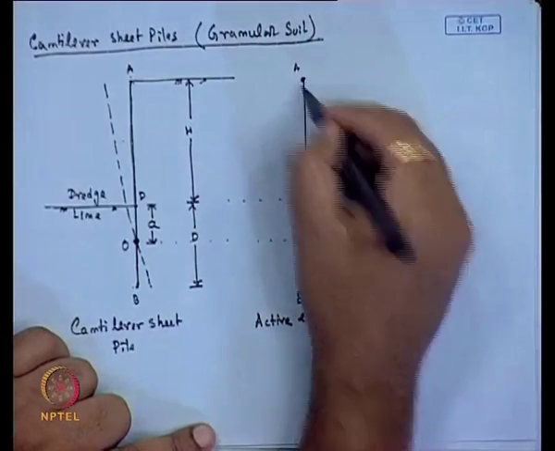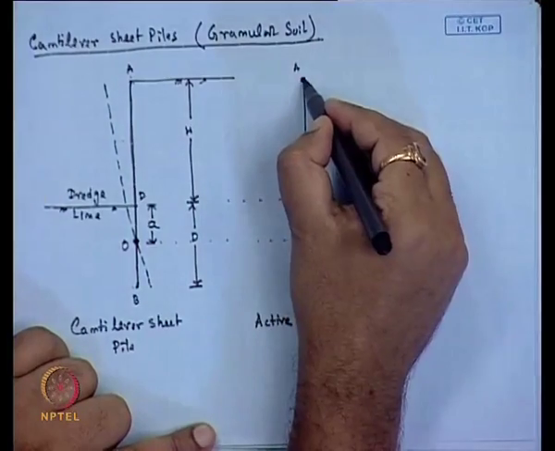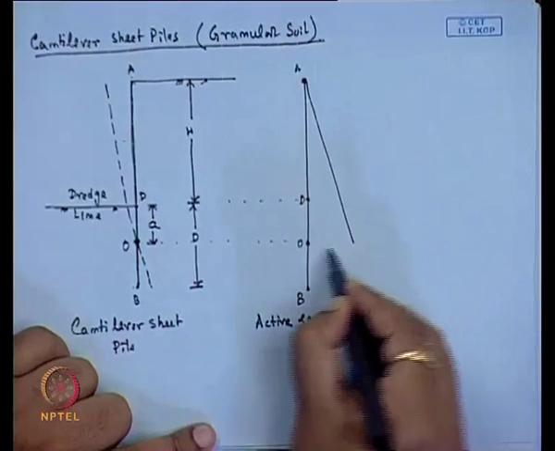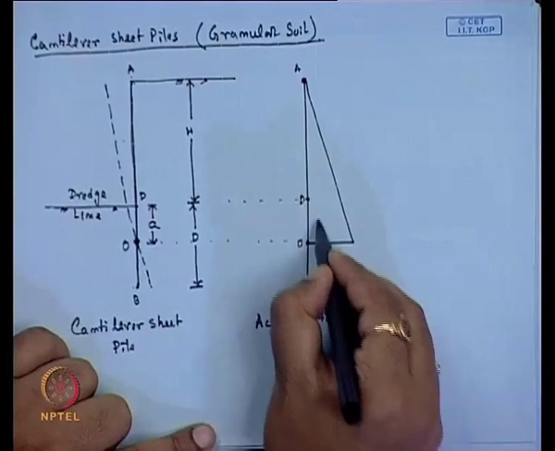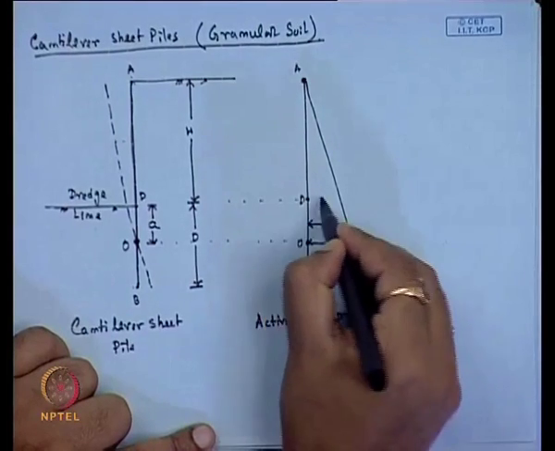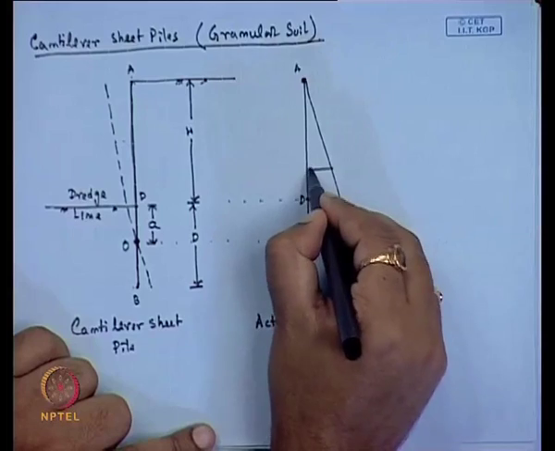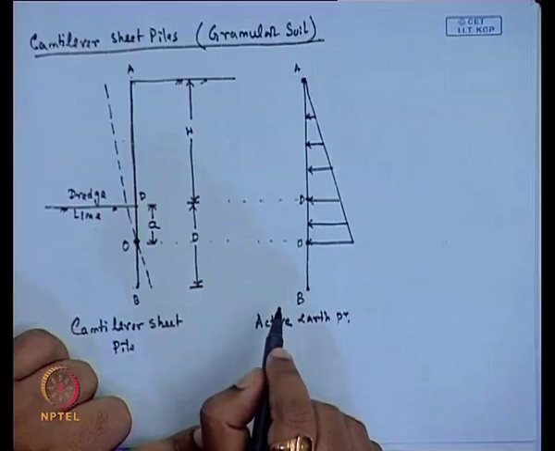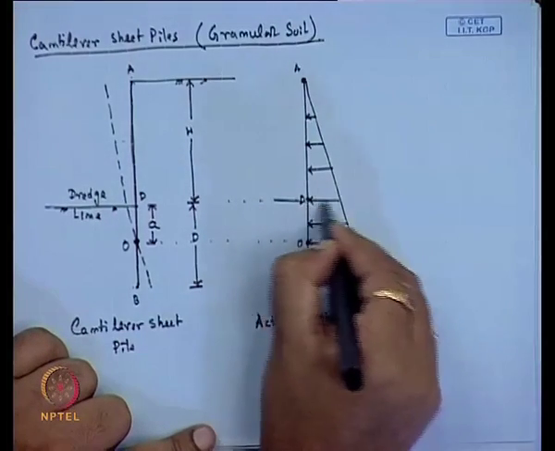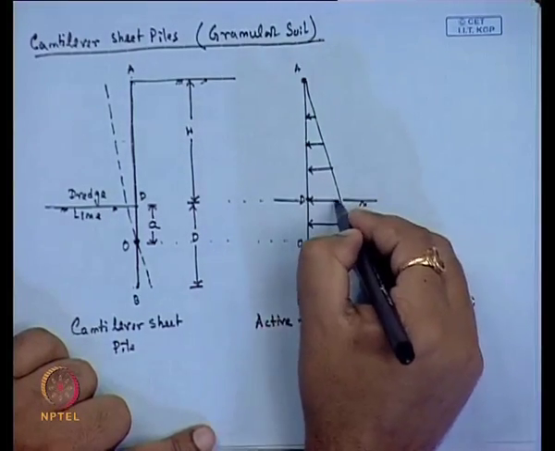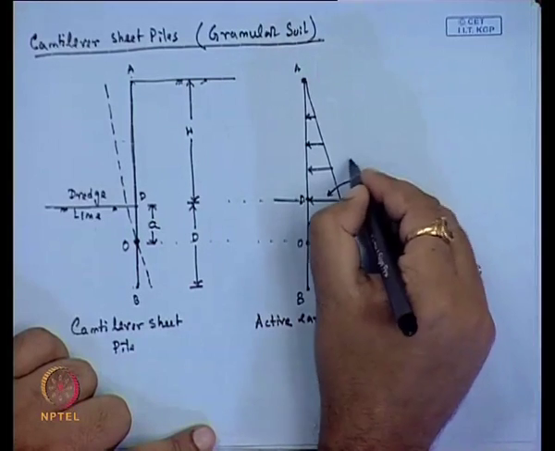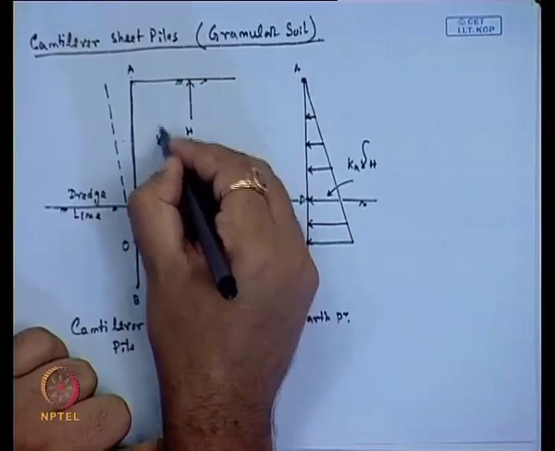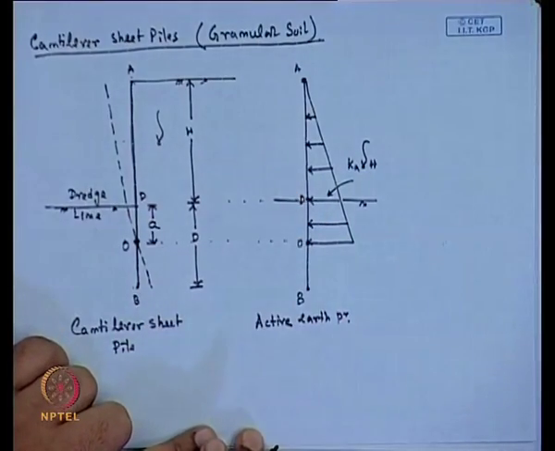So, from A to O, the active pressure will act. So, this is the active pressure that will act from A to O. So, this value we can calculate this form, that at this level the active pressure will be K A into gamma into H, if gamma is the unit weight of the soil.